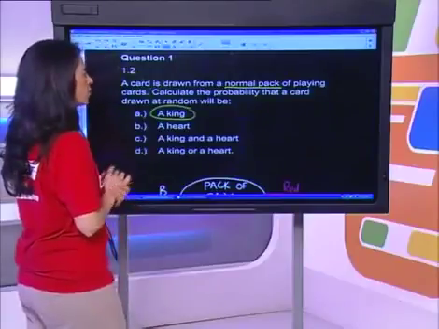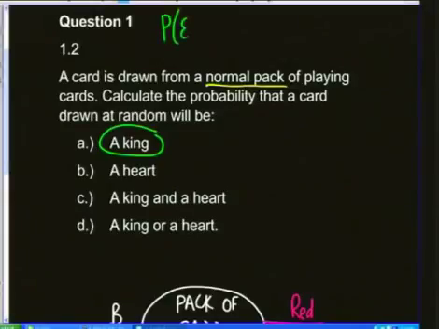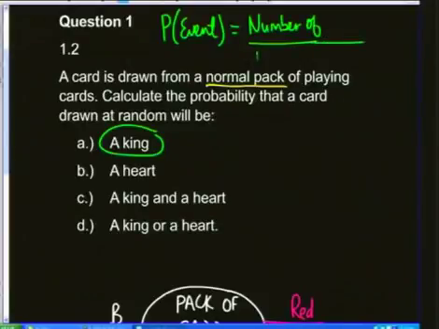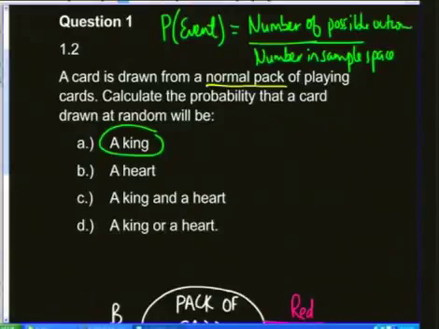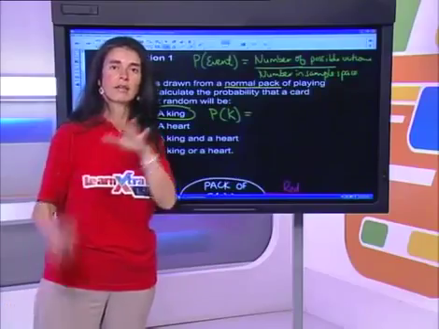Okay, so let's go back to the theory. The probability of an event is defined as the fraction of the number of possible outcomes over the number in the sample space. So the probability of us getting a king depends on how many kings I have in my pack.